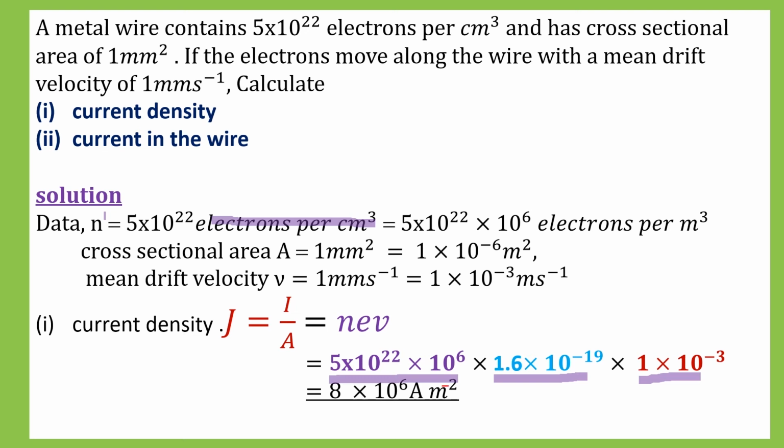Can we try part 2? In part 2 we are required to find the current in the wire. From the expression of current density, J, which is equal to current divided by the area, we can just cross multiply. We make I the subject, and then it becomes current density times the area, which gives the current.